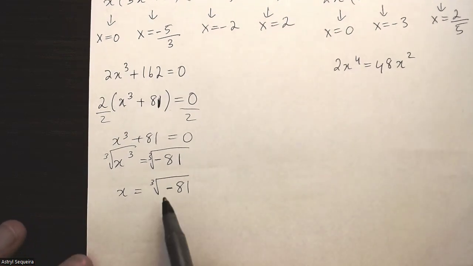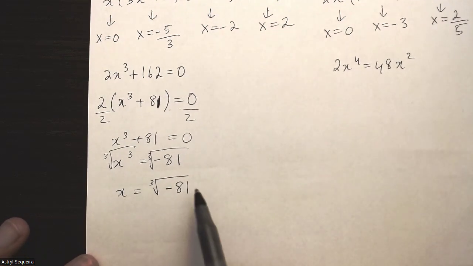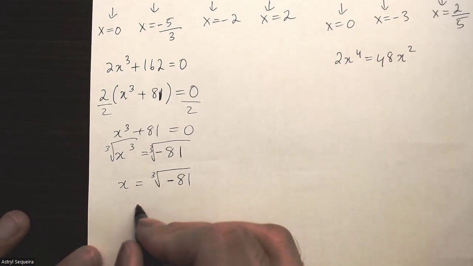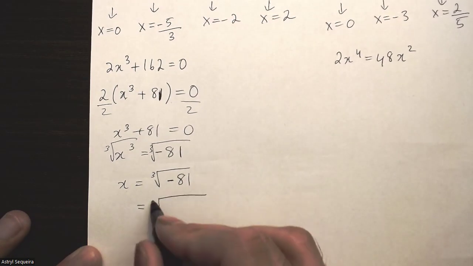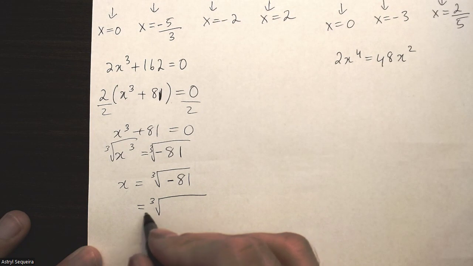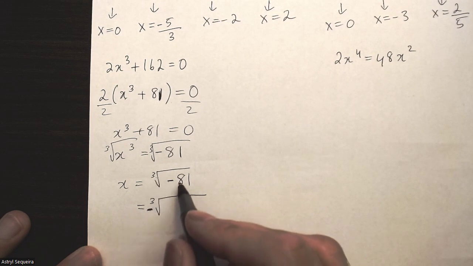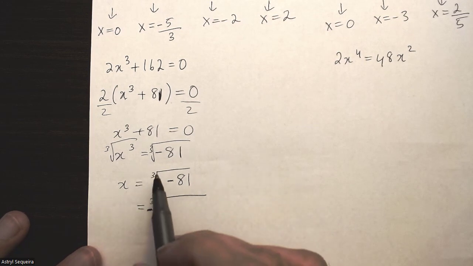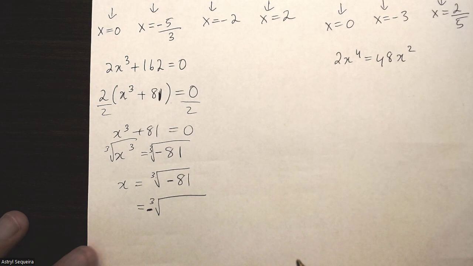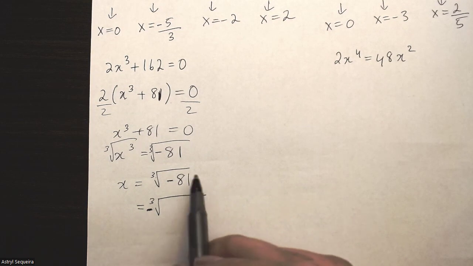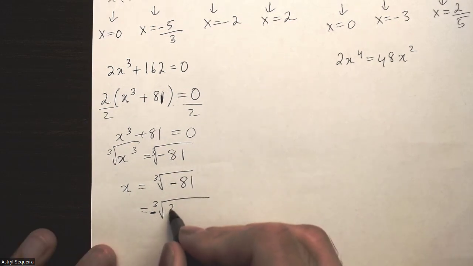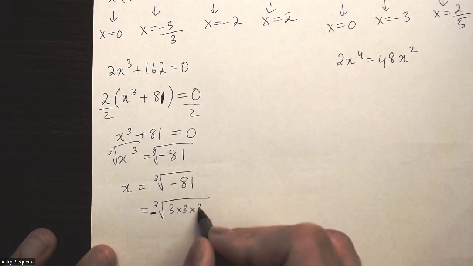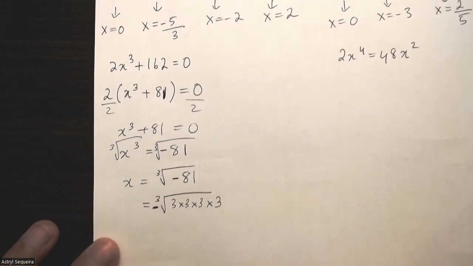Now, there are ways you can simplify this. We can bring the negative out first, because if you have an odd power, you can always bring the negative out. You can't do that with even powers, although you can't have an even power and a negative number. There's just no solution there. Then 81, I can rewrite it as 3 times 3 times 3 times 3.